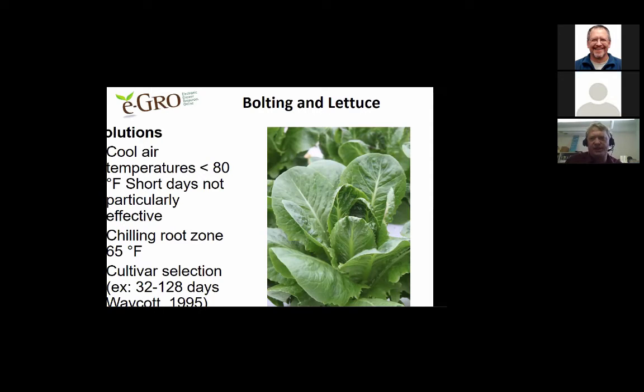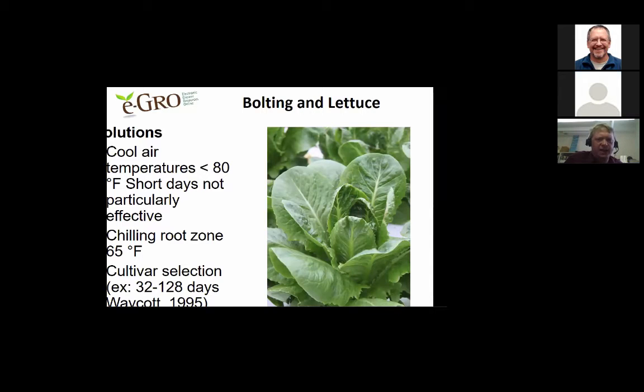So if you're growing in, say, a raft pond hydroponics application, if you can chill the water temperature in the pond to about 65 degrees Fahrenheit, that's been reported to delay bolting by several days, even if air temperature is still 80 degrees, even up to 90 degrees.